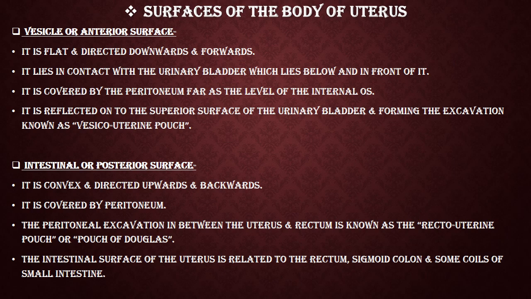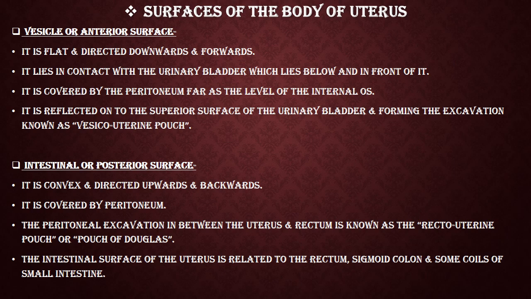Next is the intestinal or posterior surface. This surface is convex and is directed upwards and backwards. It is covered by the peritoneum. Traced downwards and backwards, the peritoneum covers the supravaginal portion of the cervix uteri and the upper part of the posterior wall of the vagina, and then it is reflected to the rectum, forming the recto-uterine fold.